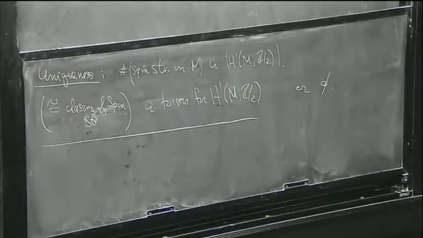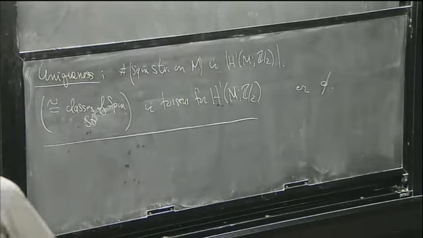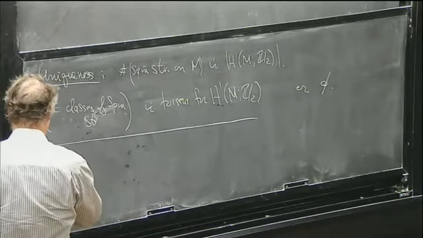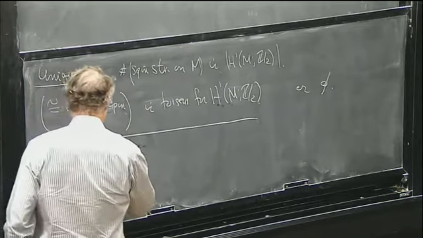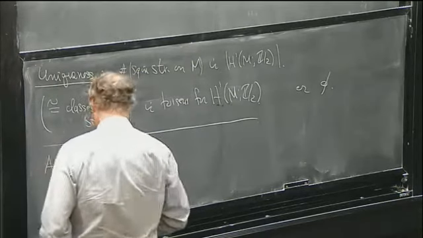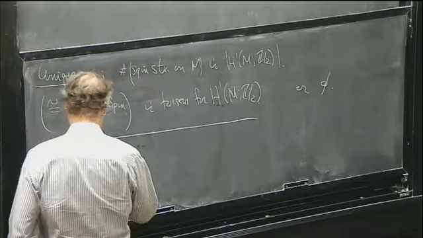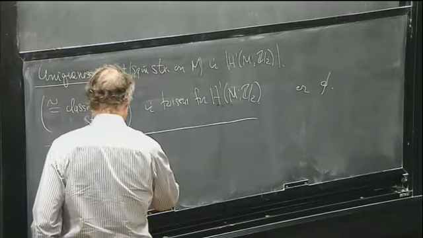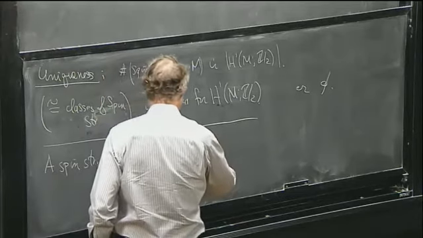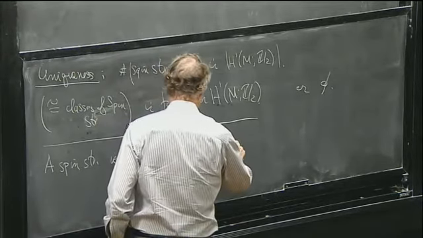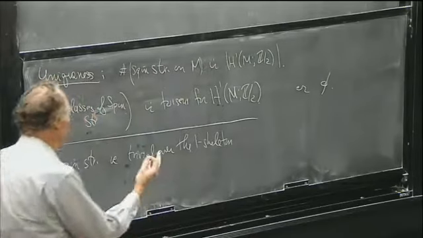Okay. In fact, an oriented structure is trivial over the one skeleton. Imagine the base is a simplicial complex.